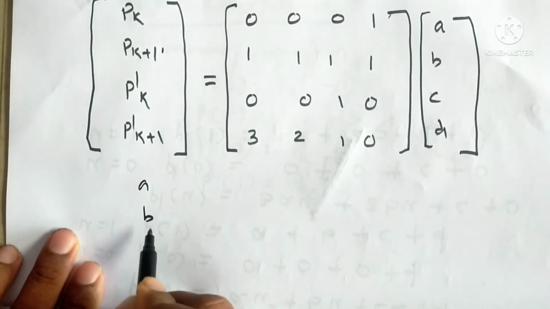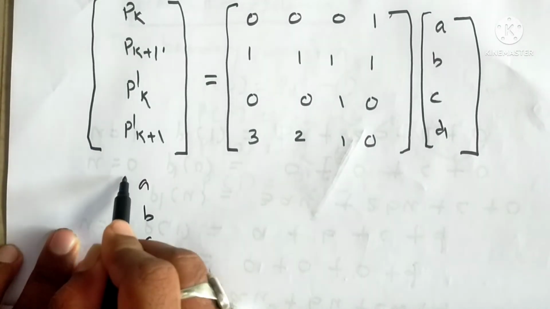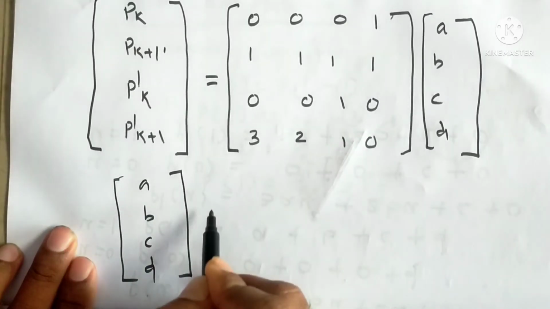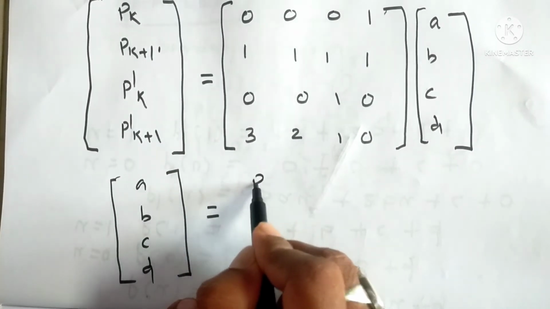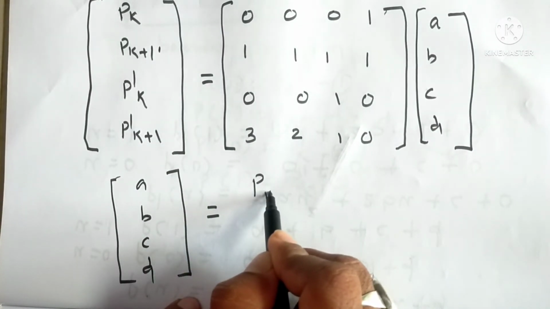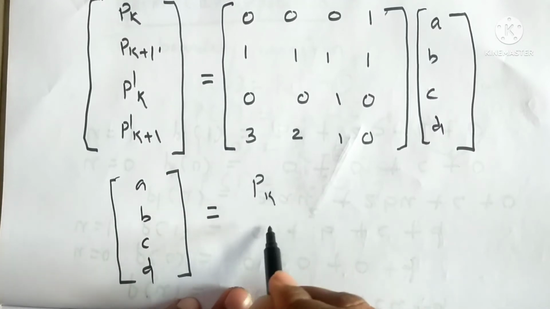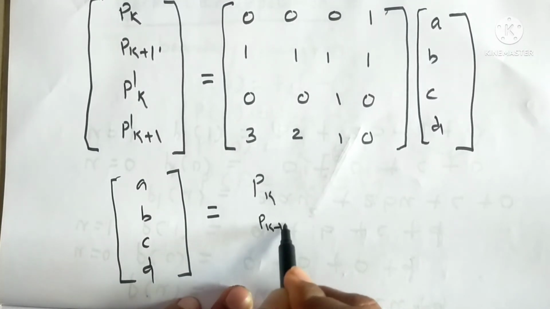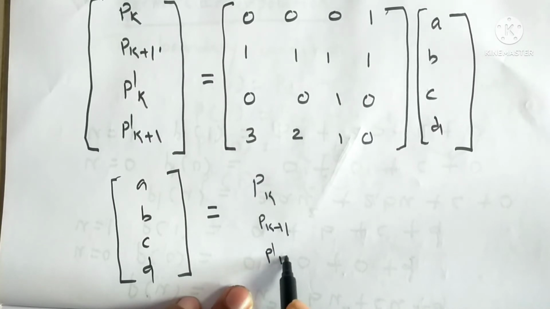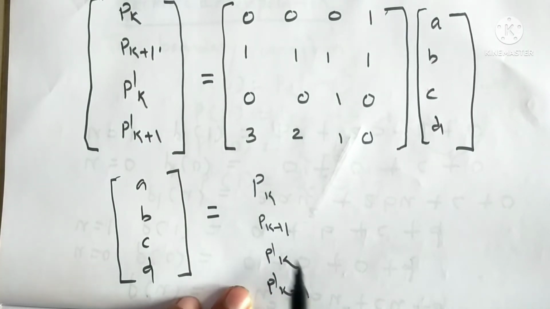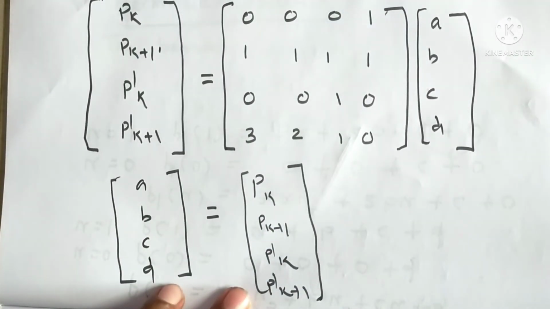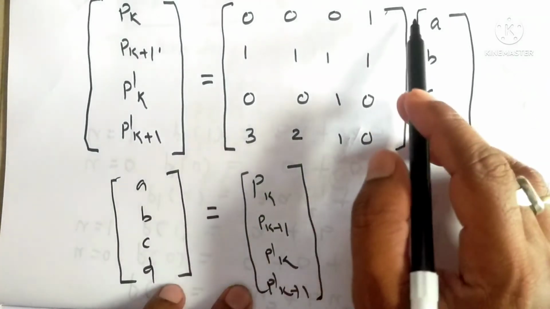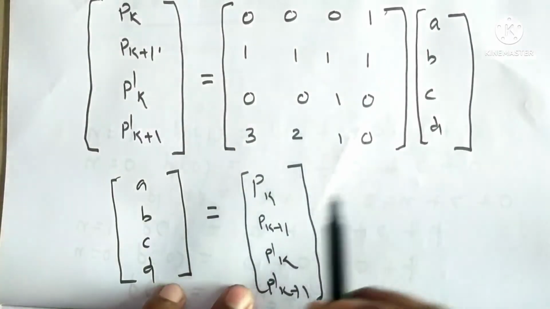I can write that the column matrix which represents your coefficients ABCD as Pk, Pk plus 1, P dash K and P dash K plus 1, which will be multiplied with the inverse of this one, right?